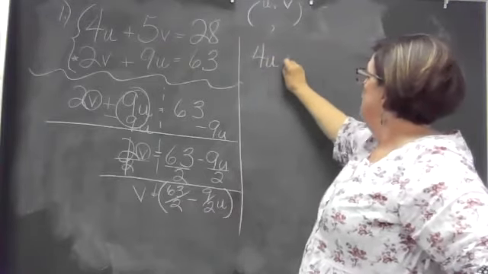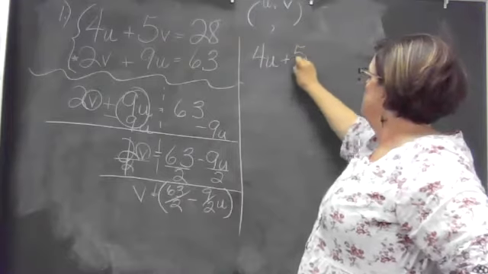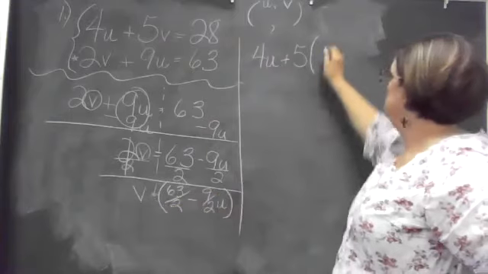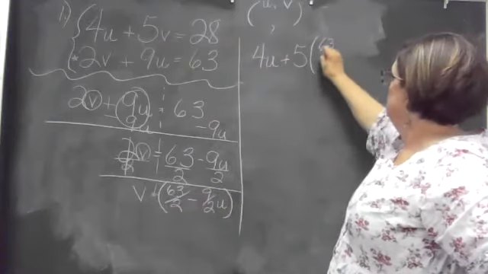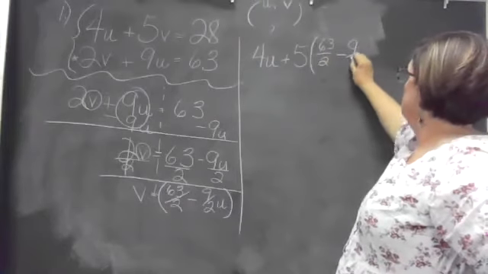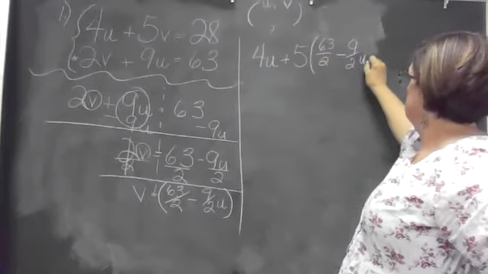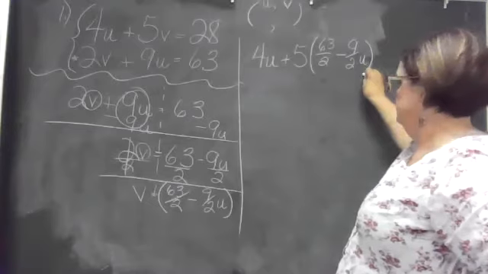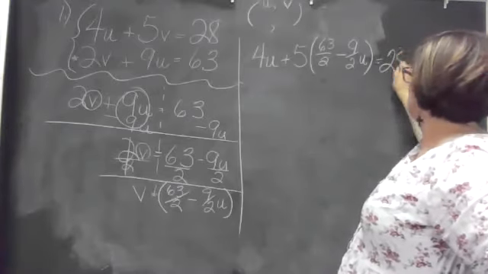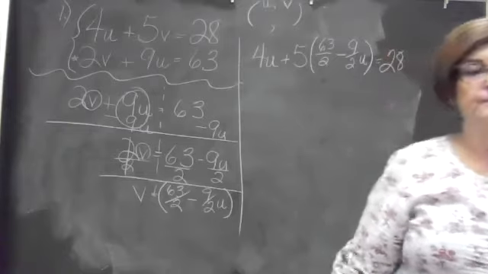So here we go. 4u plus 5. Here's a v, so I'm going to put this stuff in here. 63 over 2 minus 9 halves u equals 28.